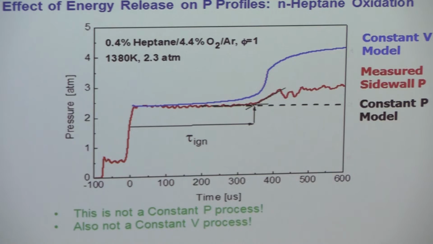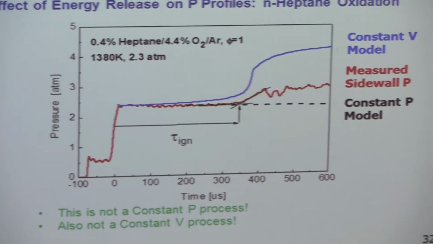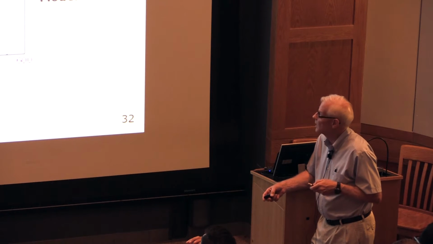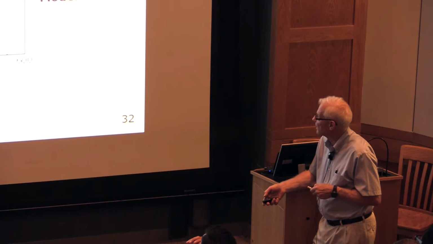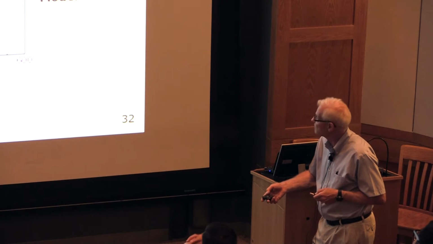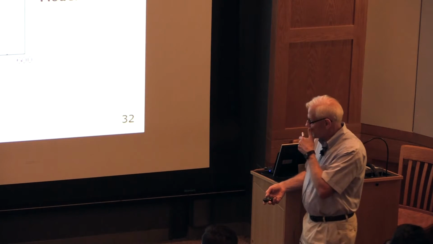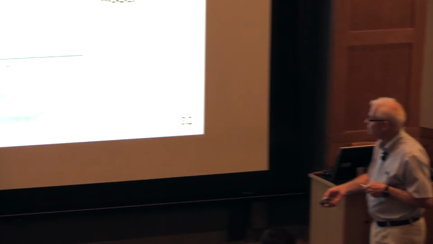What is it? So typically the modelers will assume one or the other. They'll assume constant pressure, constant volume, and in many cases you get the same answer if you're only modeling it up to about here. But if you want to model what happens as the chemistry continues, there's no good way to do this. That's a modeling problem. And we're just kind of coming to grips with this. How can this process be modeled?